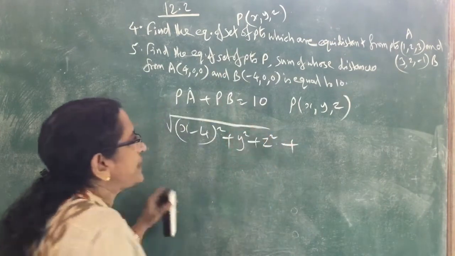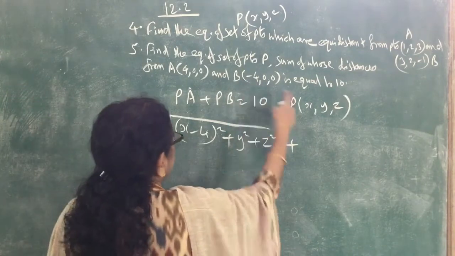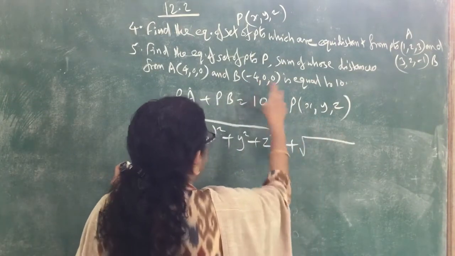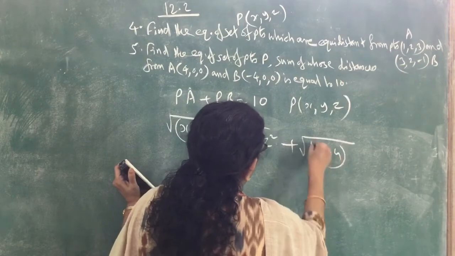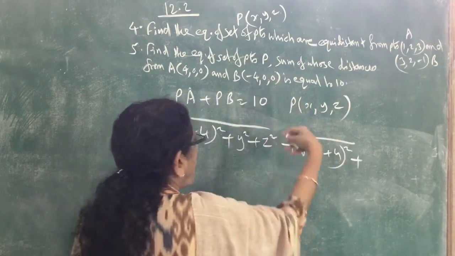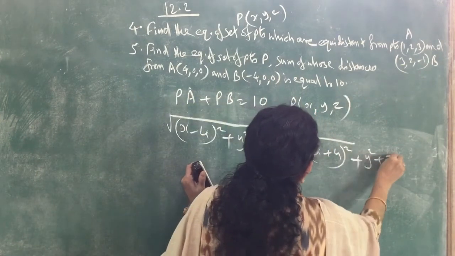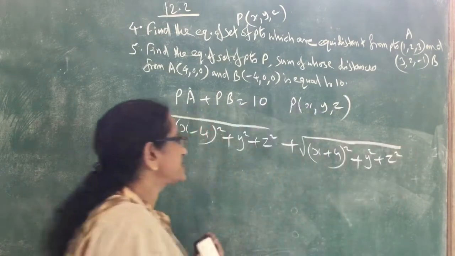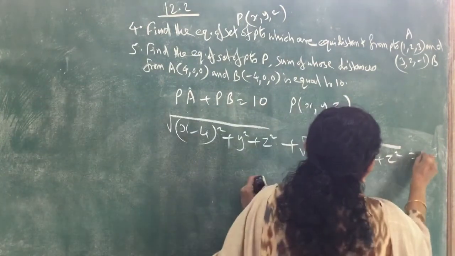PB is the distance between P and B: square root of (x minus (minus 4)), that is (x plus 4), whole square plus (y minus 0) whole square, that is y square, plus (z minus 0) whole square, that is z square. That is equal to 10.